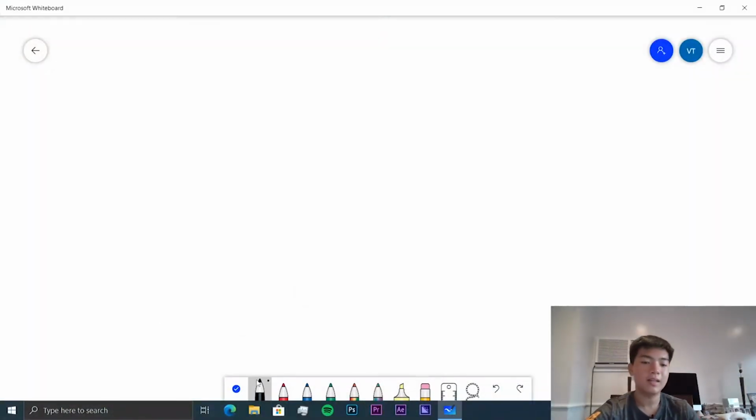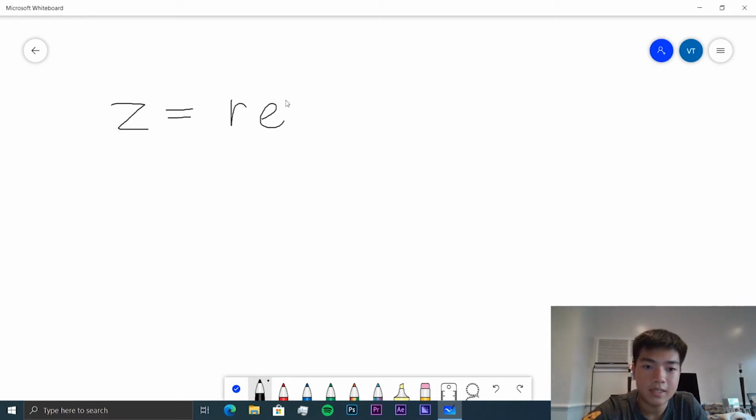One of the other things that's much easier to do with complex numbers in polar form than in Cartesian form is powers. If you have a complex number z equal to r e to the i theta, then z to the n is just equal to r to the n e to the i n theta.